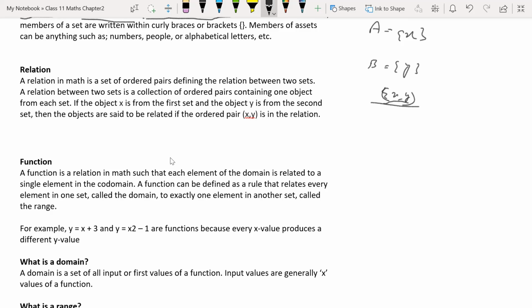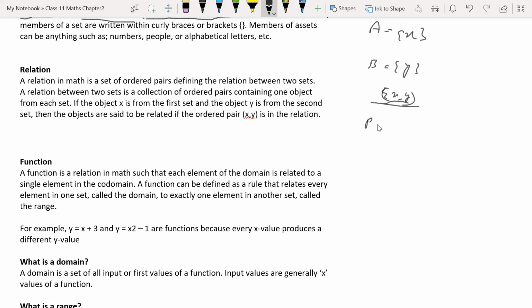So let's consider we define the relation between two sets, and then we will define the function. Let's consider there are two sets.